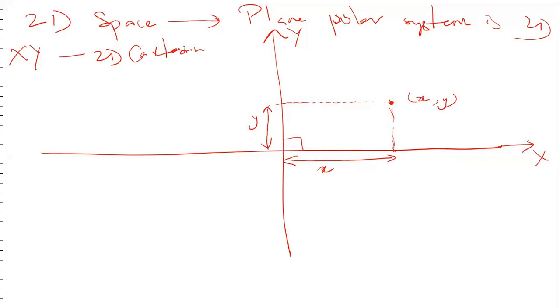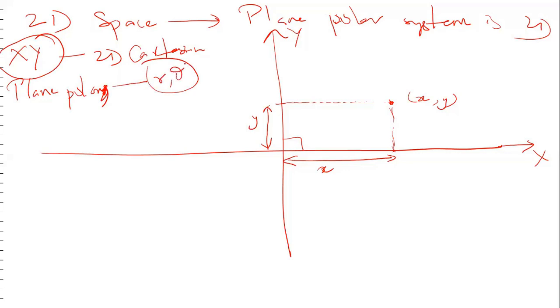There's another coordinate system in a 2D space, which we are going to learn as the plane polar coordinate system. Here, instead of using xy coordinates, we are going to use r theta coordinates.